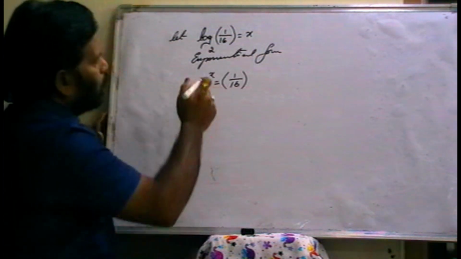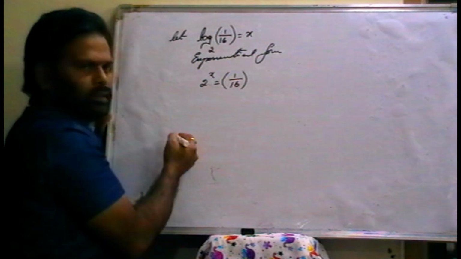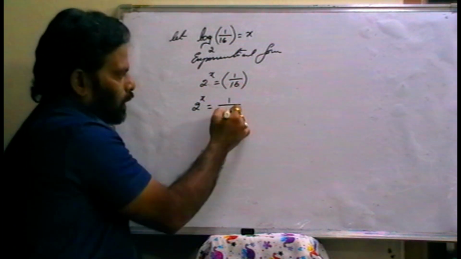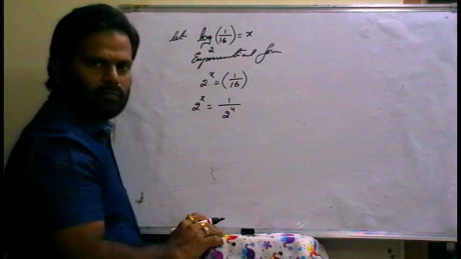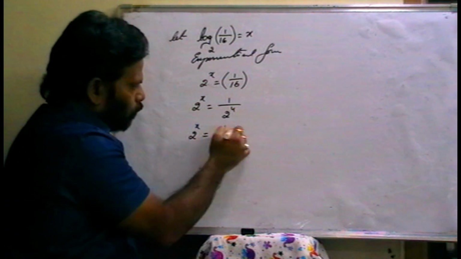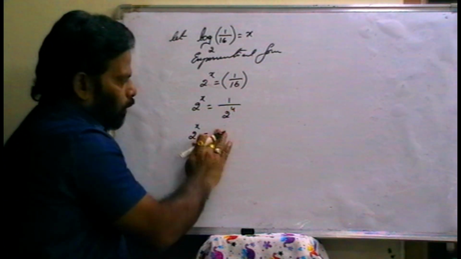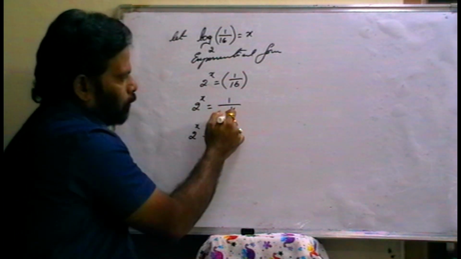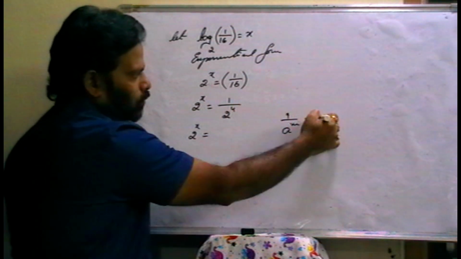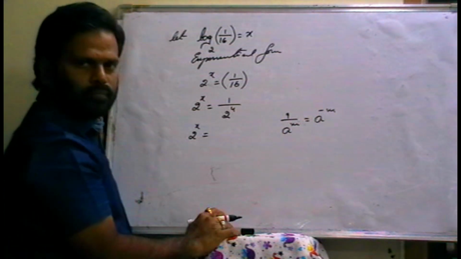Right? Now 2 to the power of x is equal to 1 by 16. 16 we can write as 2 to the power of 4. So 2 to the power x is equal to 1 by 2 to the power of 4. 1 by 2 to the power of 4 is in the form of 1 by a to the power of m. 1 by a to the power of m is equal to a to the power of minus m.